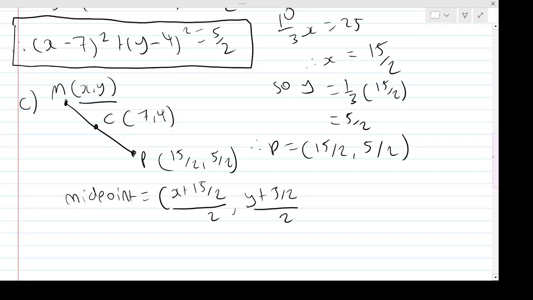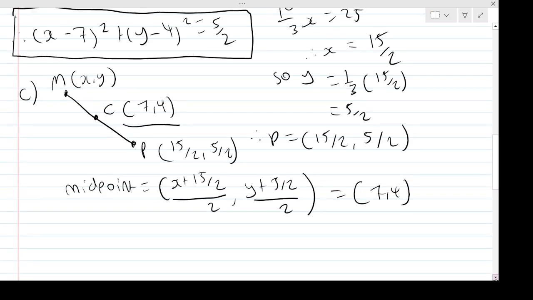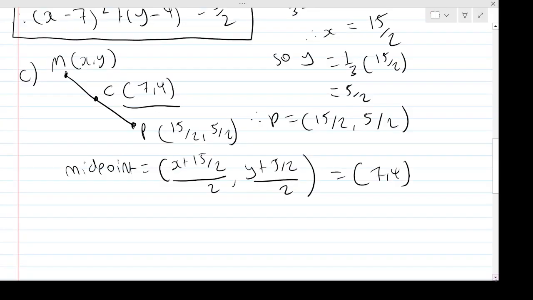Obviously x, y is just a general coordinate because that's what I want to work out. But I know that has to equal the centre, the midpoint of that line, because it's a diameter, which is 7, 4.